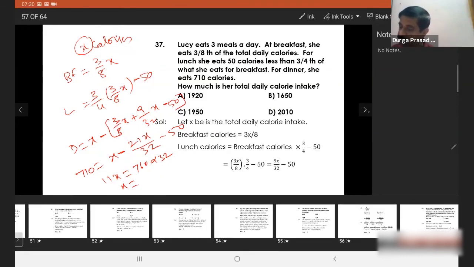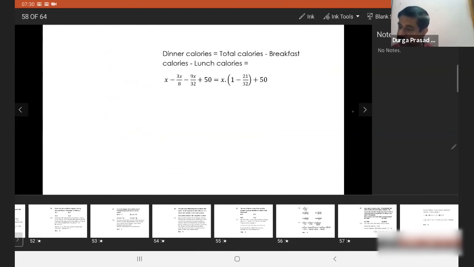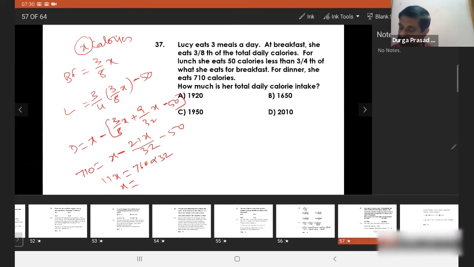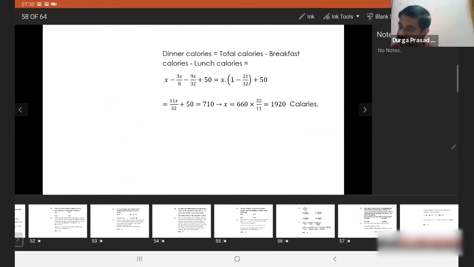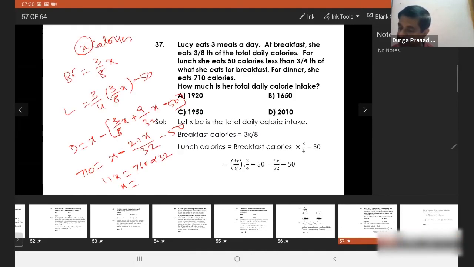So look at this. 32 minus 21 is the same calculation. So 920 calories you're getting. So 710, 3 by 8x into 3 by 4. 3 threes are 9 and 8 fours are 32, minus 50.